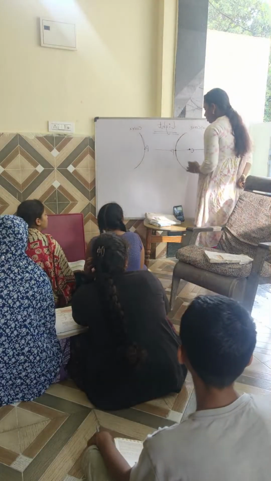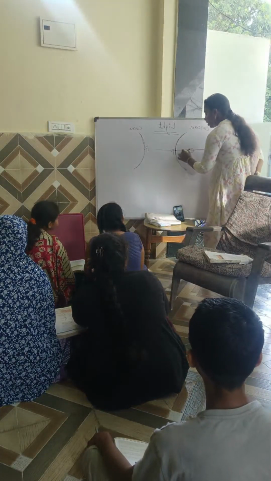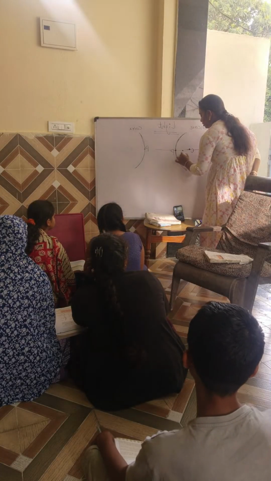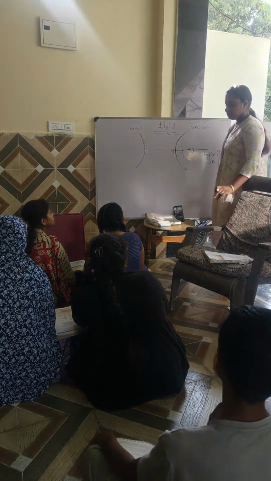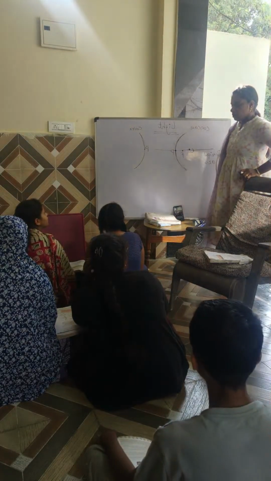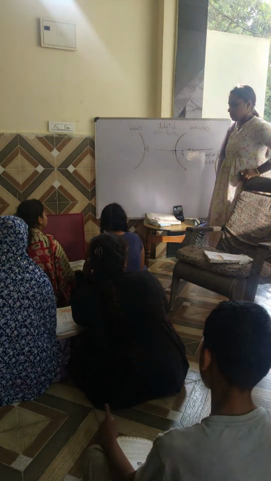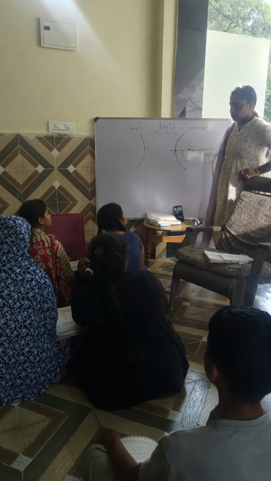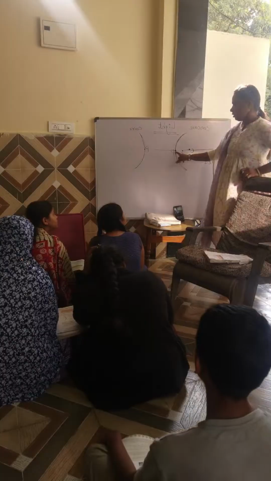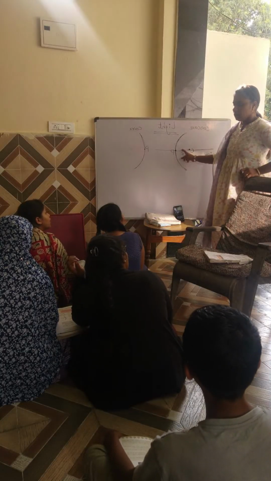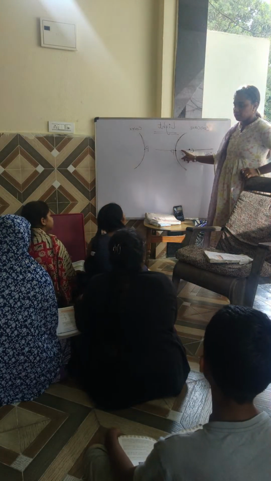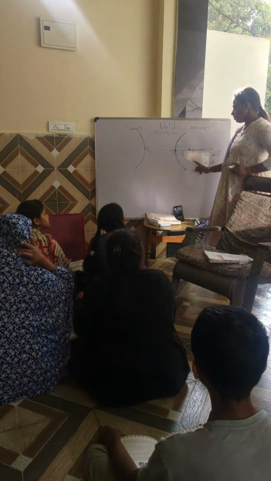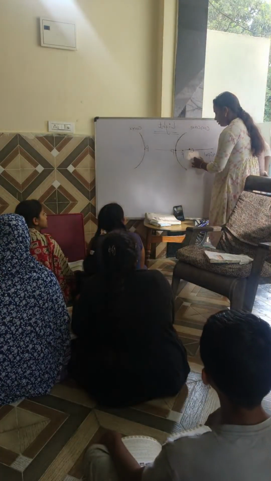Next, coming to focal length. What is meant by focal length? The length from the pole to the image formed. Suppose the sun is there, I have given an example now.